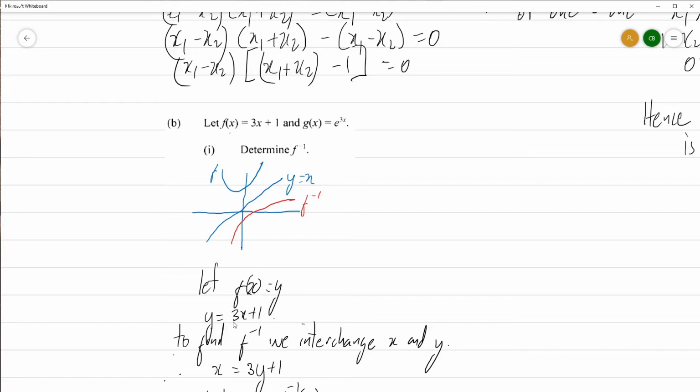So I prefer to write it f inverse of x is x minus 1 over 3. Let's write it out. Looks better. Because you may be using this in the second part to come. So that was straightforward. You just substitute. You write your function as y is equal to 3x plus 1 and then interchange the x and the y and you get the f inverse.